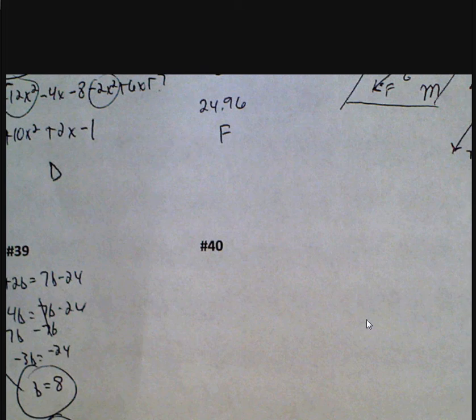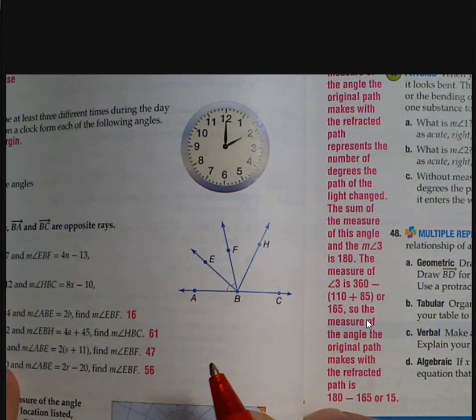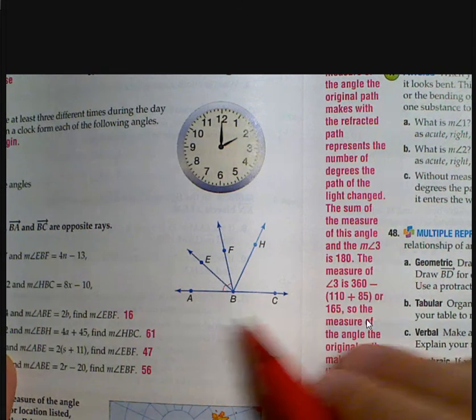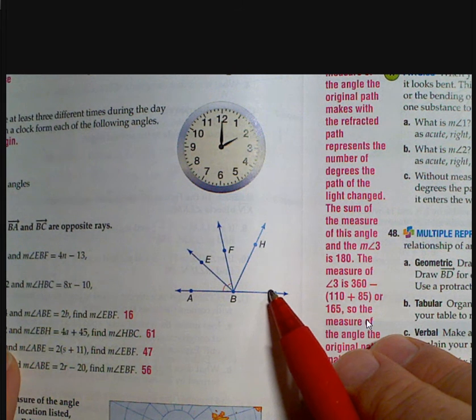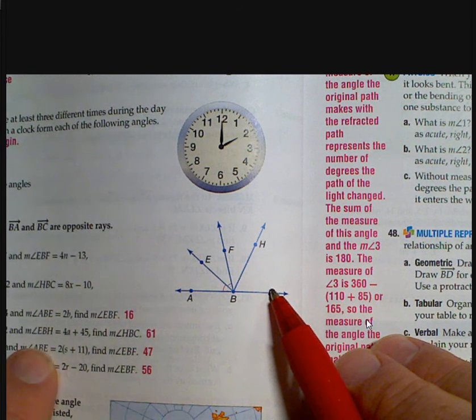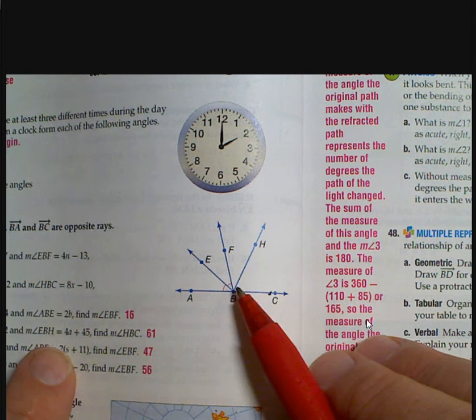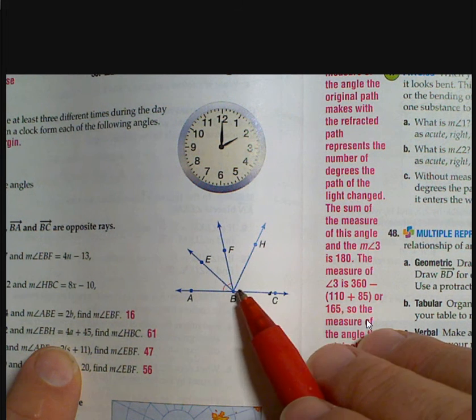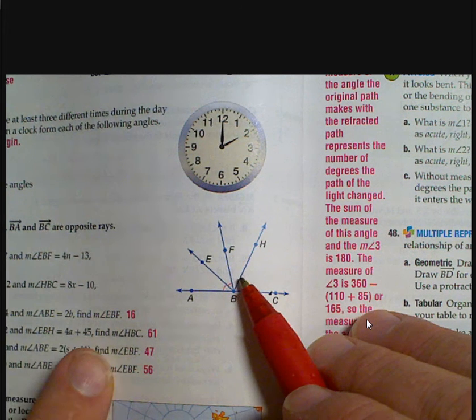Last problem, number 40. So let's check. We're using the same figure. Number 40. EBC is 31A minus 2. Angle EBH is 4A plus 45.